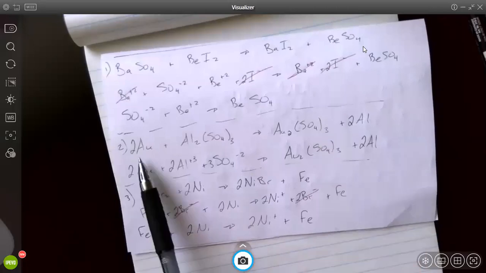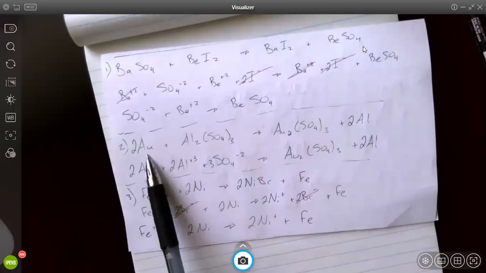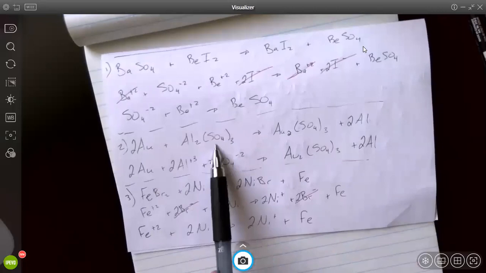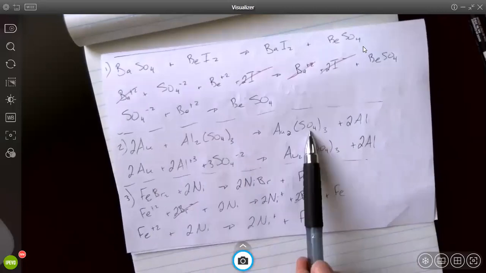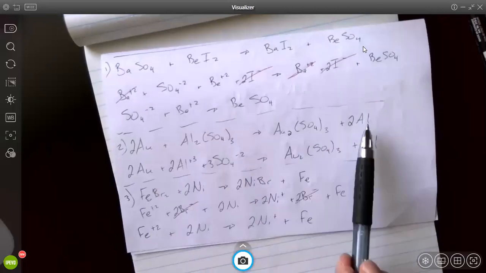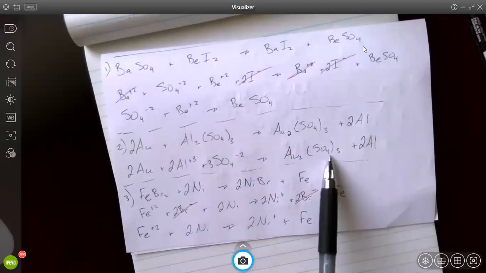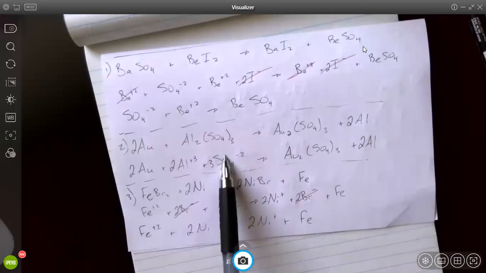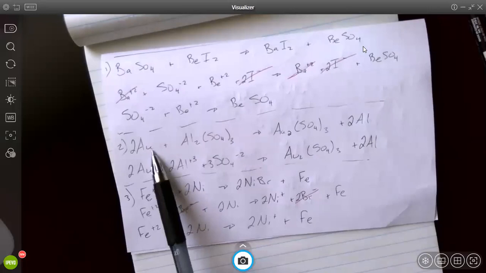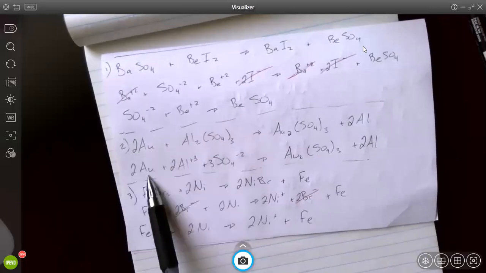For the second example, we had gold reacting with aluminum sulfate to become gold sulfate and aluminum. Then we break apart our ionic compound. Again, gold, being that it's only a metal and not a metal with a nonmetal, is not an ion, so it stays as just gold.